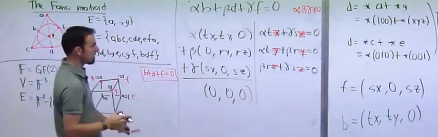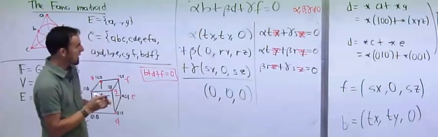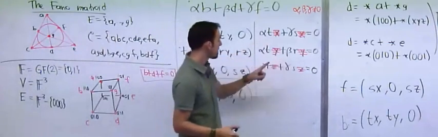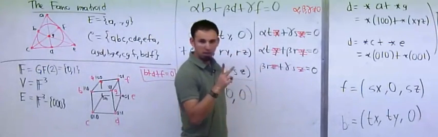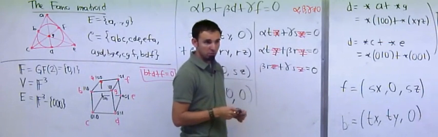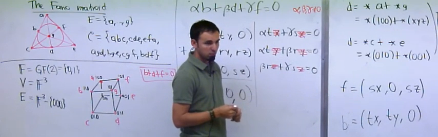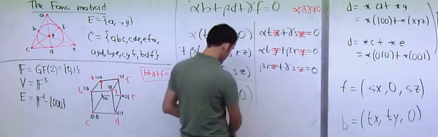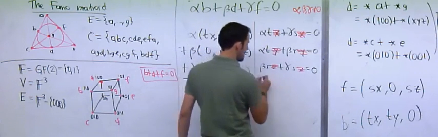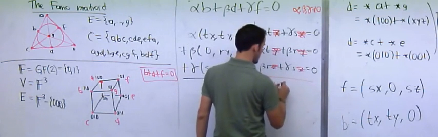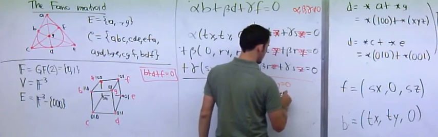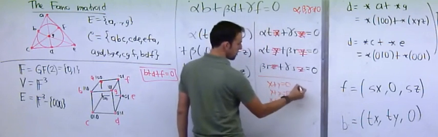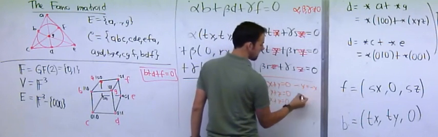So what did I get here? I just found 3 numbers, alpha t, beta r, gamma s, such that any 2 of them add up to 0. How is that possible? You have 3 numbers such that x plus y equals 0, y plus z equals 0, and x plus z equals 0. So this one means y is equal to minus x.